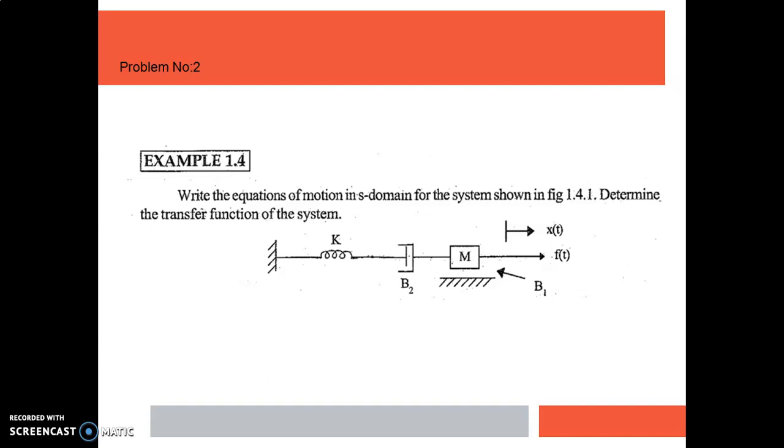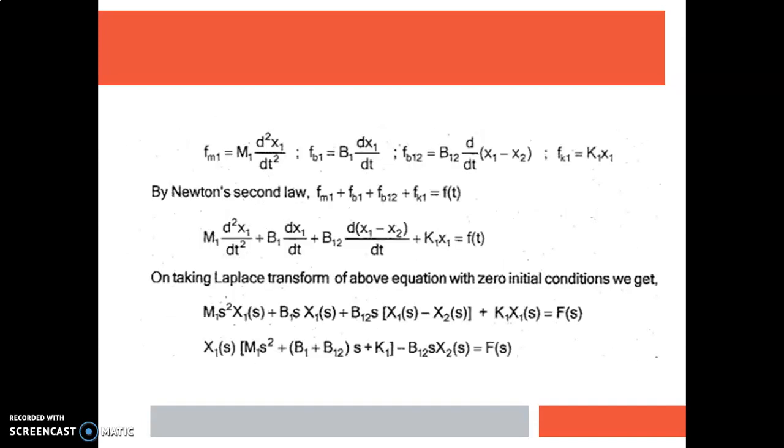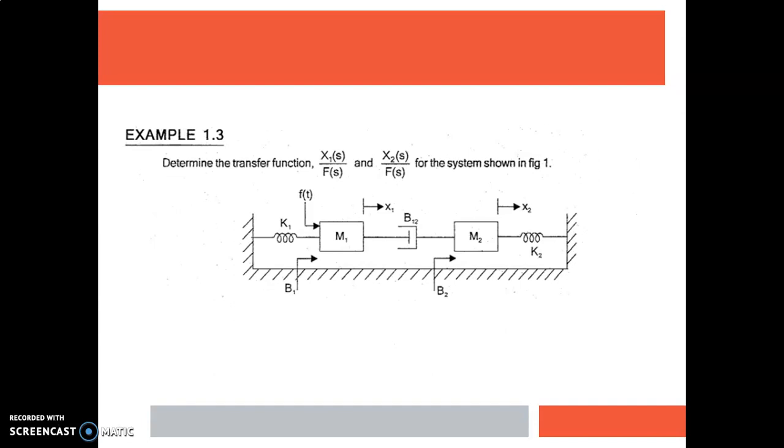Now there is one more problem. So this is the problem, and this is a homework. Before the next class you have to do this homework. Determine the transfer functions x1 of s by f of s and x2 of s by f of s for the system shown in the figure. In this case, first you have to find out x1 of s by f of s.